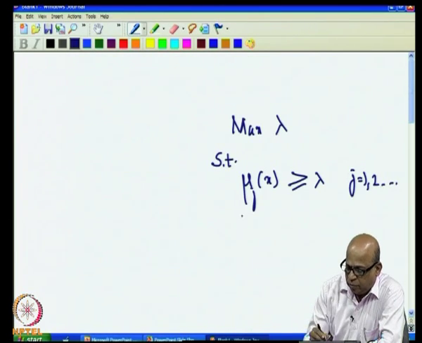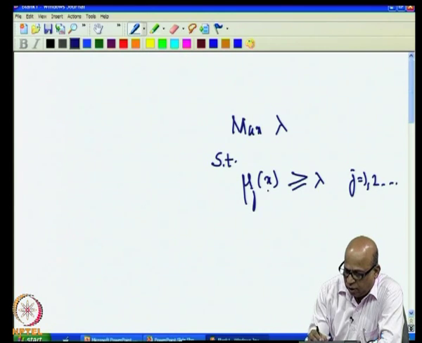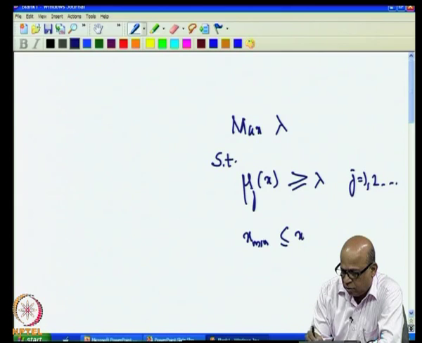You may have several of such membership functions. If you are looking at the solution x, then you may also have x min less than or equal to x less than or equal to x max.